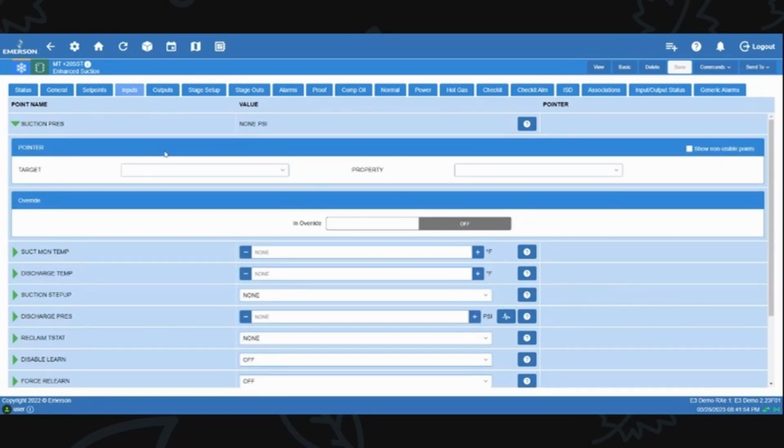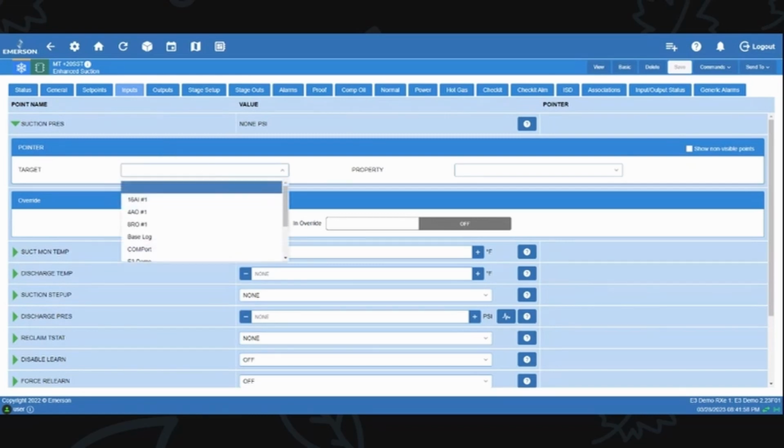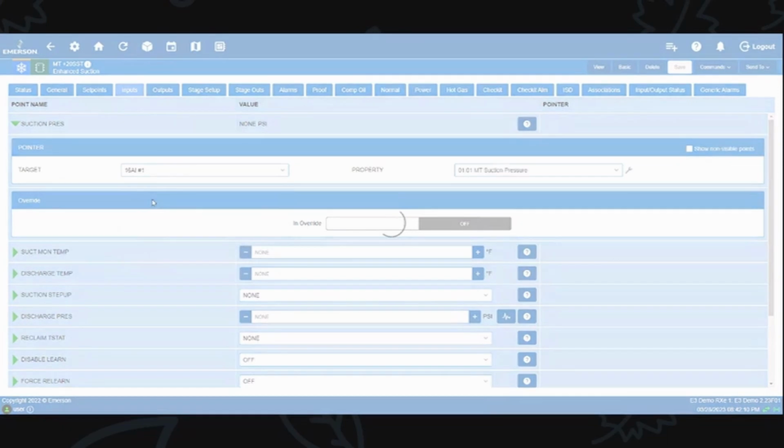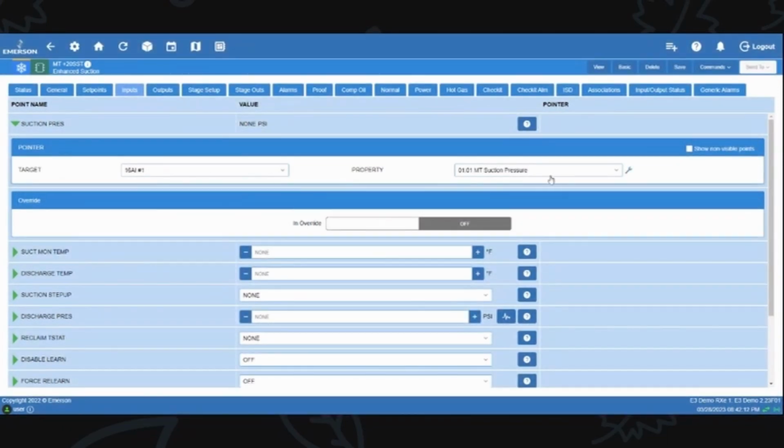Green arrows are drop-down menus, and it opens up more options. In this case, being that it's an input, our drop-down menu gives us a pointer to where we're getting the sensor, or if it's a logic input. In this case, the 16AI number 1 is the board that we're getting it from, and 01.01 MT suction pressure is the pressure sensor that we configured.